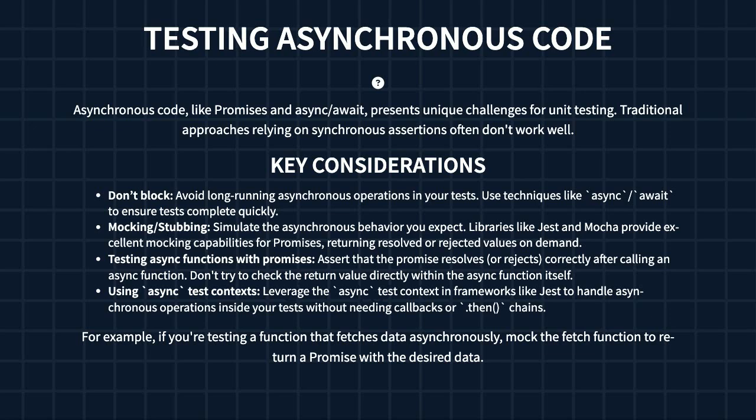When dealing with promises and async/await, mocking becomes really important, essentially simulating the asynchronous behavior of the code you're testing. This lets you control what happens and focus on verifying the expected outcomes. And remember, when asserting that an async function works correctly, don't try to check its return value within the function itself. Instead, test whether the promise it returns resolves or rejects as it should.